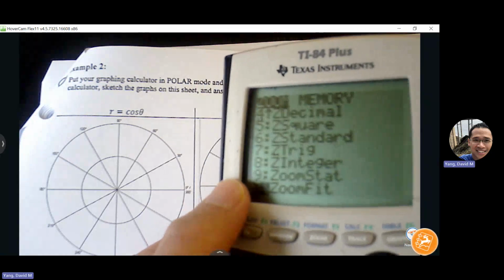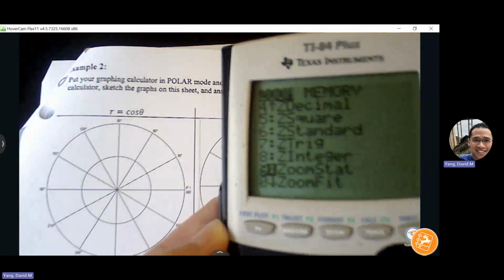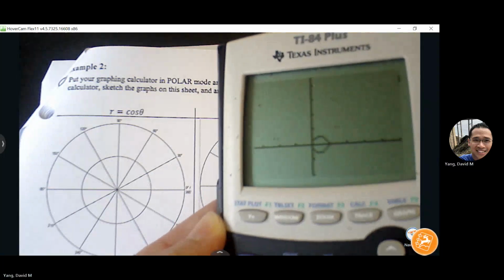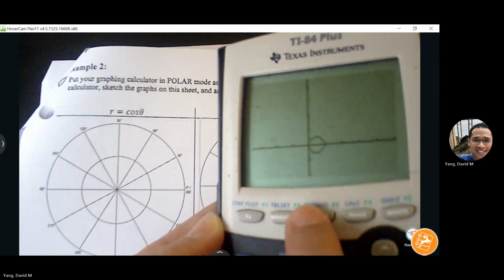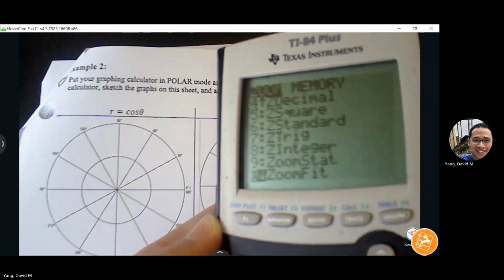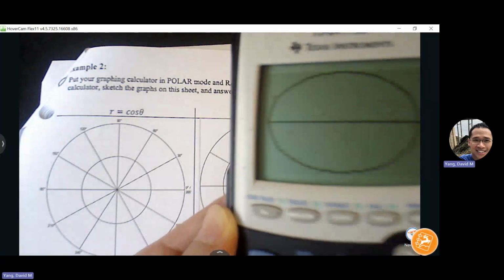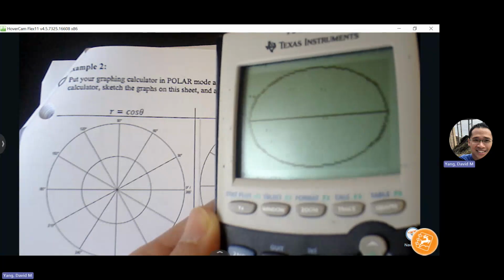Sometimes zoom stat looks better, sometimes zoom fit looks better, so you can try both options and see what they look like. I did zoom stat there. Zoom fit. Oops. Sometimes this may be a little bit too large.